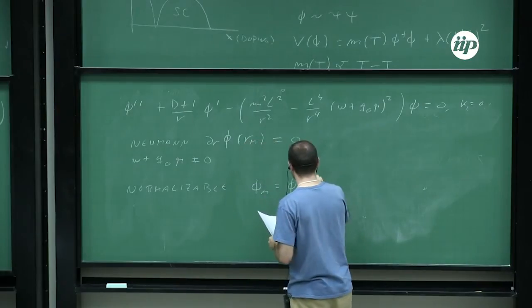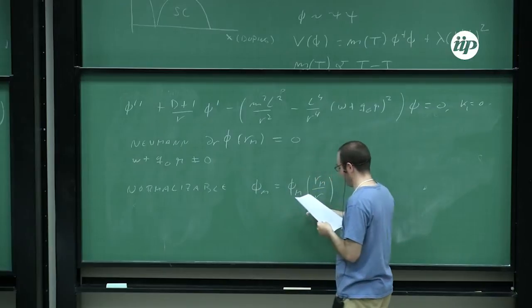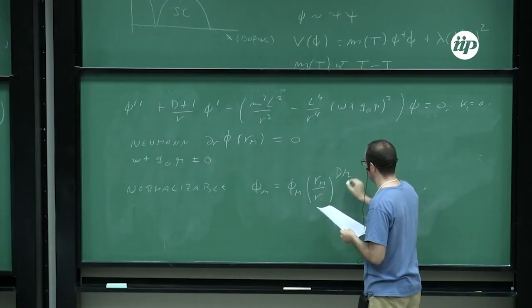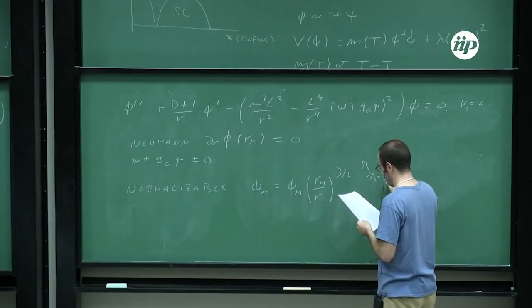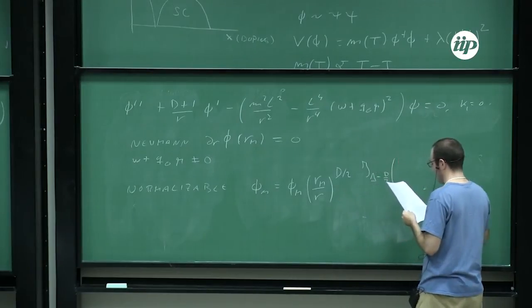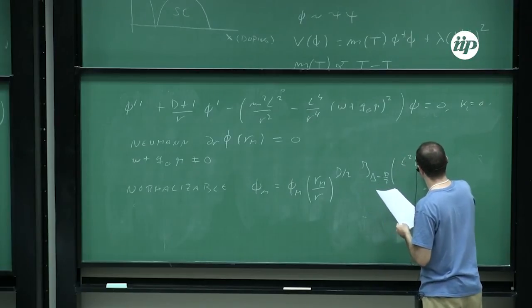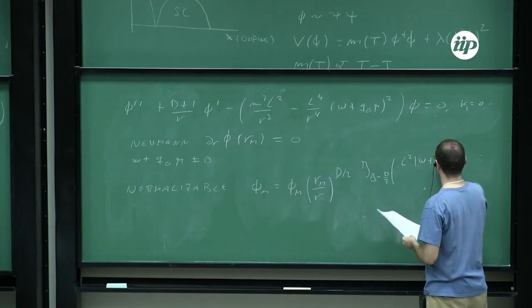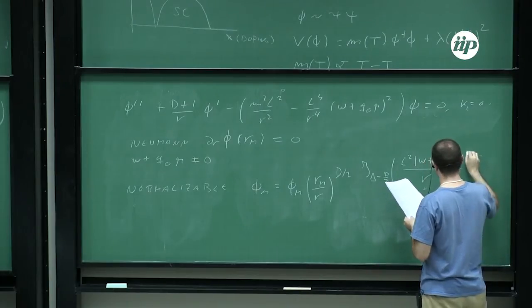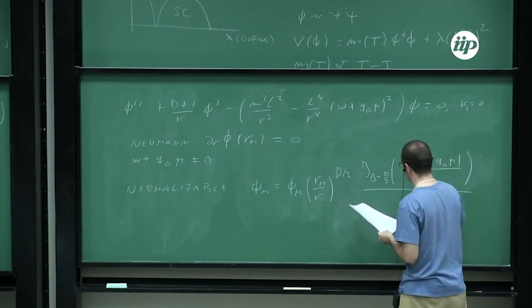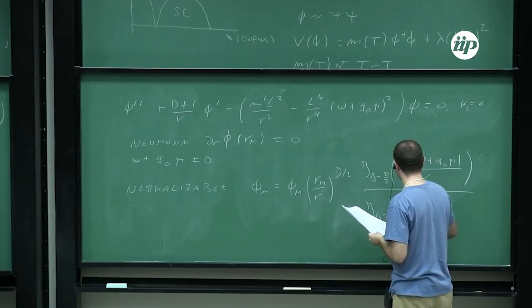So there is some parameter, phi_m, which is the value of the scalar field at the horizon, some radial dependence, and then you have some Bessel functions, which depend on this combination of chemical potential and frequency. And then I'm introducing some normalization.